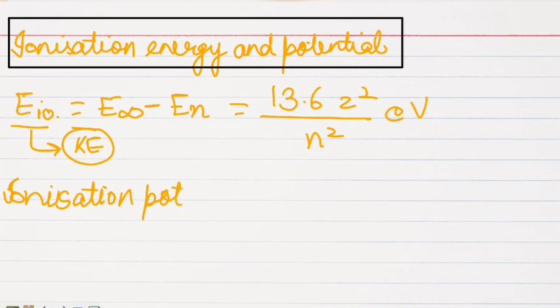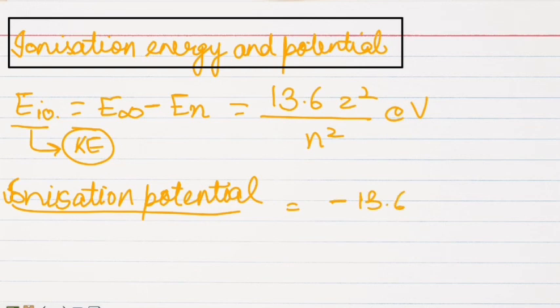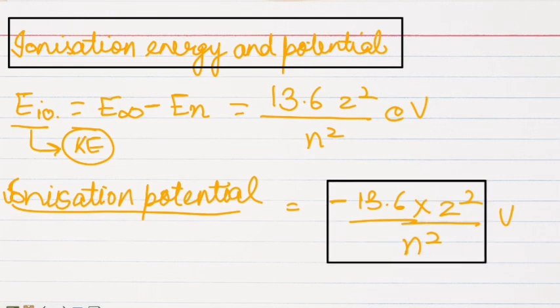When we talk about ionization potential, what do we understand by the term ionization potential? We find that the ionization potential is equal to minus 13.6 multiplied by z square upon n square volt. Now we know that this term which we have seen over here was also equal to the total energy.